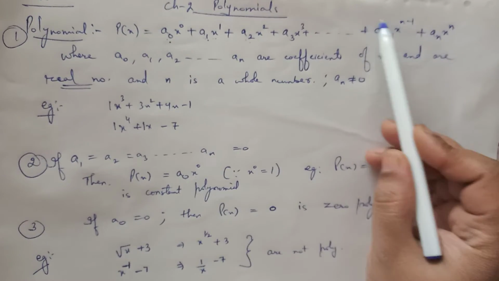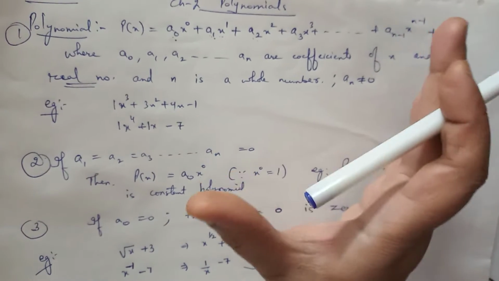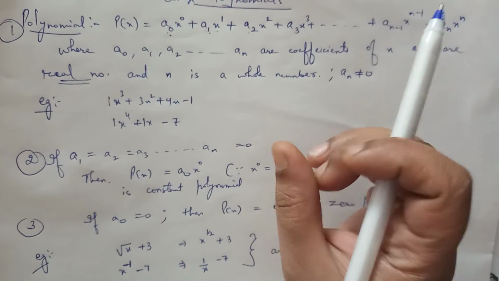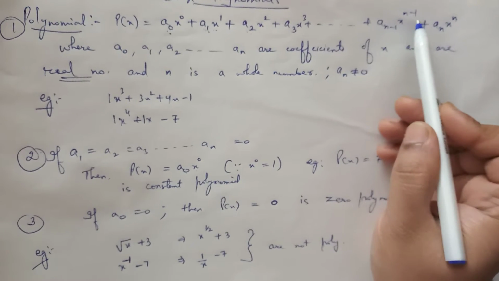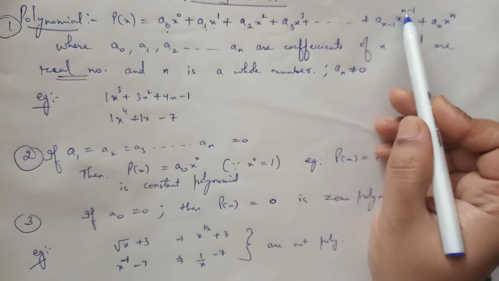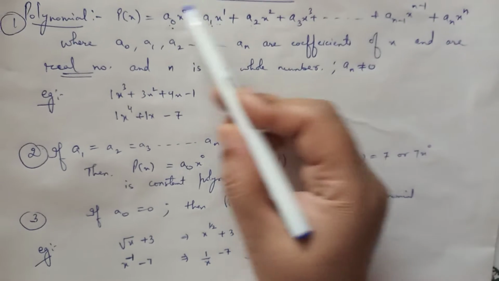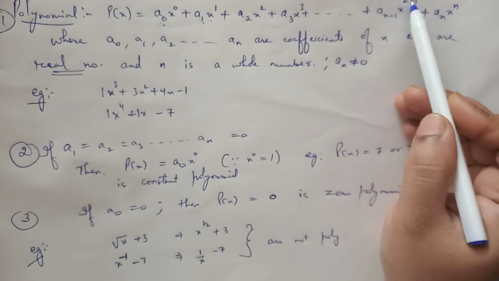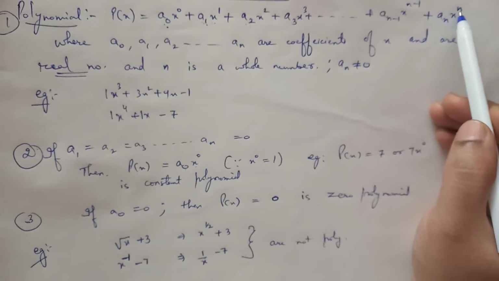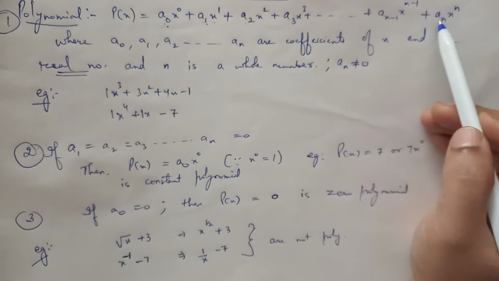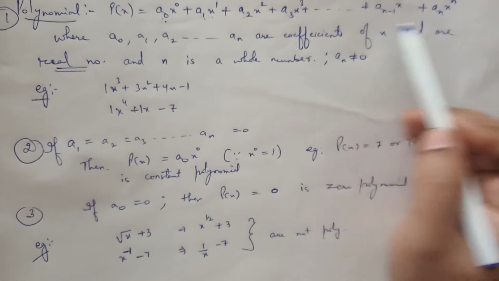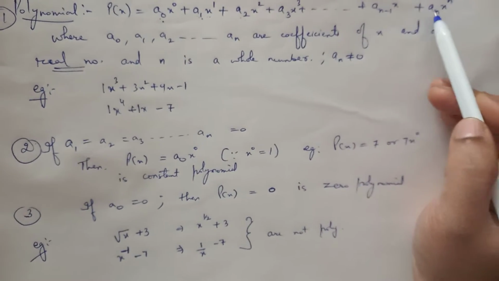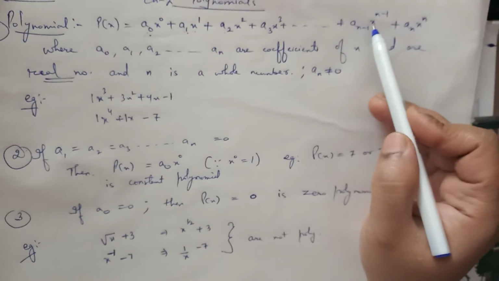It will reduce its power, and the power of x will be x to the power n minus 1. Let us assume here n is 5. If the coefficient an is 0, then this polynomial will not be in the fifth power. It will become fourth power.